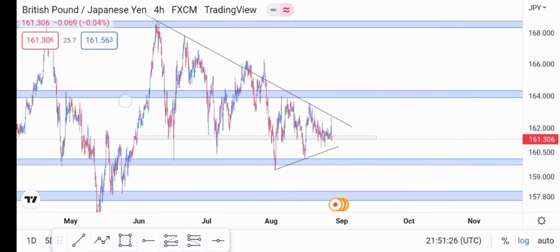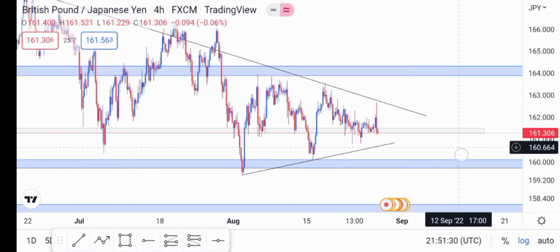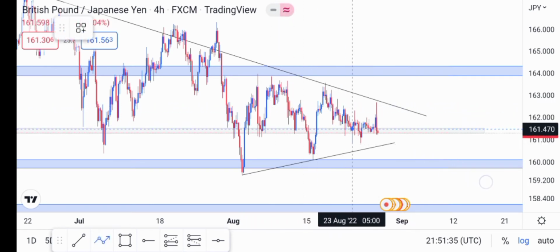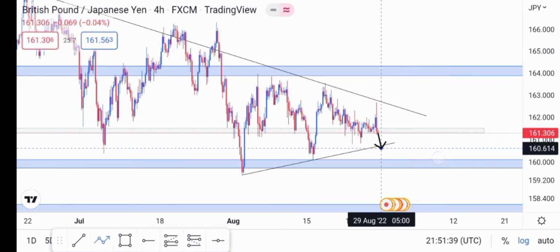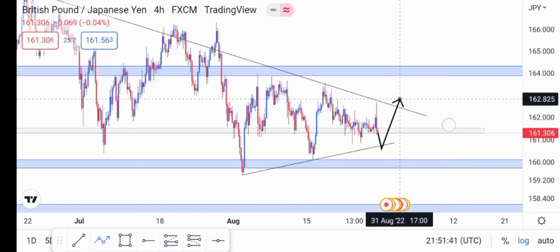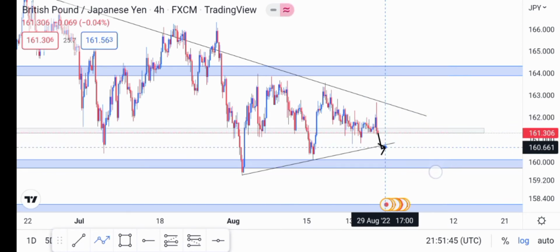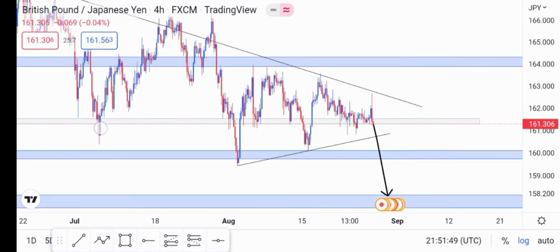We have a first touch and second touch around this area here. The market could possibly hit this area right over here, but I'm not seeing a push to the upper side because that's not how the laws of the triangle work. This means you should expect a push to downward side from this area right over here.